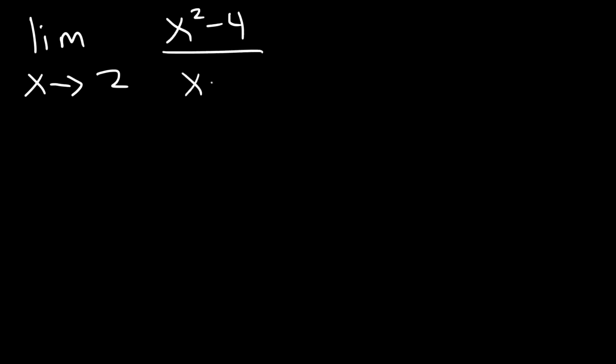Now let's go back to the first problem. It turns out that there's another way in which we could get the same answer. Even though we can't plug in 2 directly because it's going to be undefined, we can simplify the expression. We can factor x squared minus 4. It's a difference of perfect squares, so it's going to be x plus 2 times x minus 2.